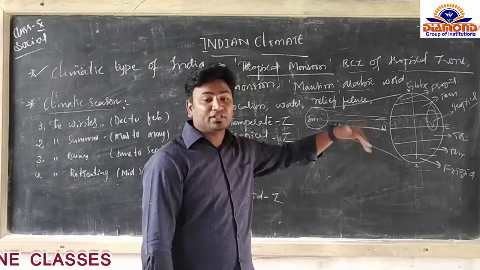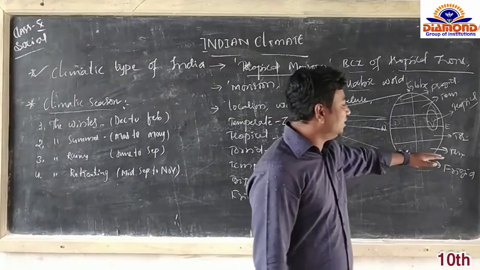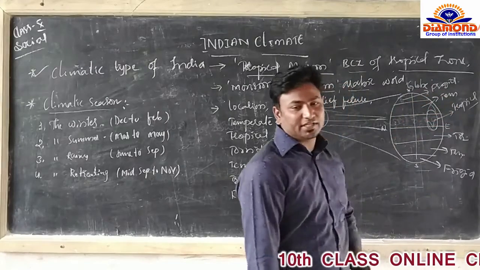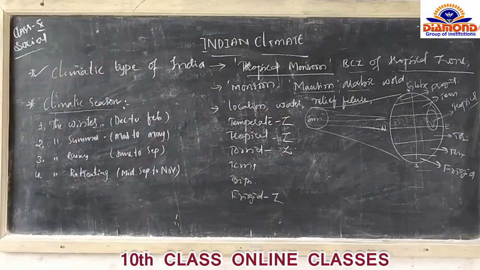It is named after the zone in which it is settled. So we need to keep in mind the order: frigid, temperate, torrid, and again temperate, frigid. It continues the same. This is the zonal layout.